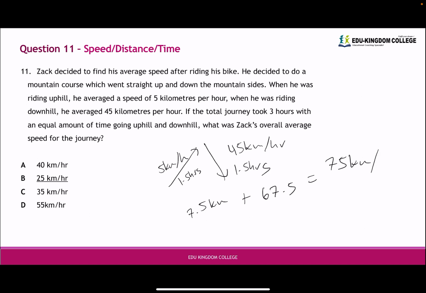Okay, divide that by 3 hours, should give you 25 kilometers per hour. So he went 7.5 kilometers up, 67.5 kilometers down, and he did that in the span of 3 hours. So his overall average speed would have been 25 kilometers per hour if you divide top and bottom by 3.